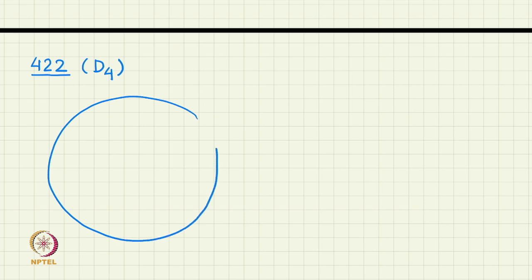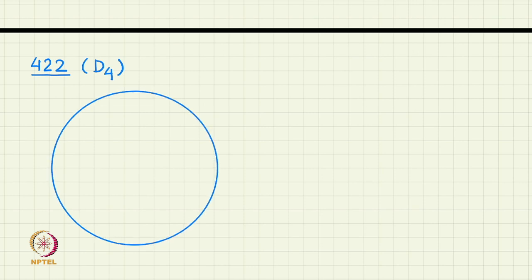So, let us continue with 4 2 2. Again you expect a surprise two-fold here, that is why the notation is 4 2 2. This is D4 in the Schoenflies notation. Start with our stereogram, have two reference axes at 90 degree.